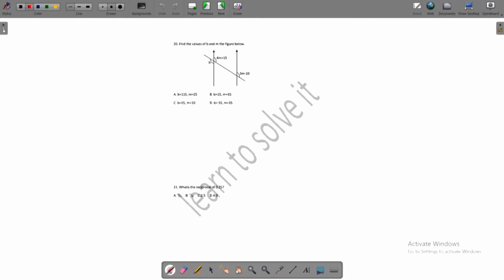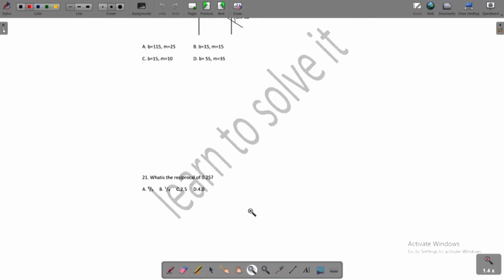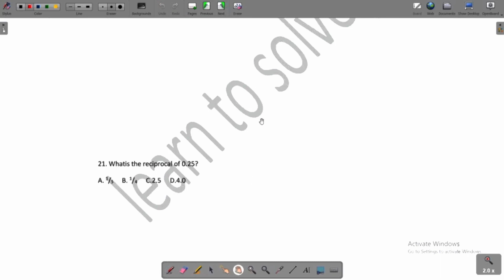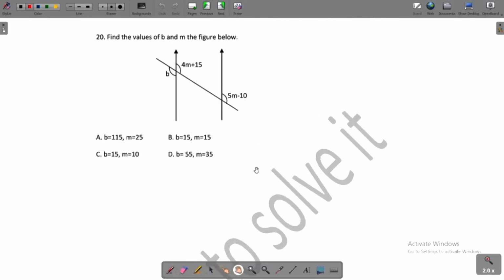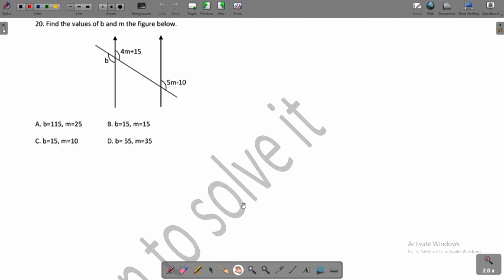The next question says, find the value of B and M in the figure below. So we are to talk about this.